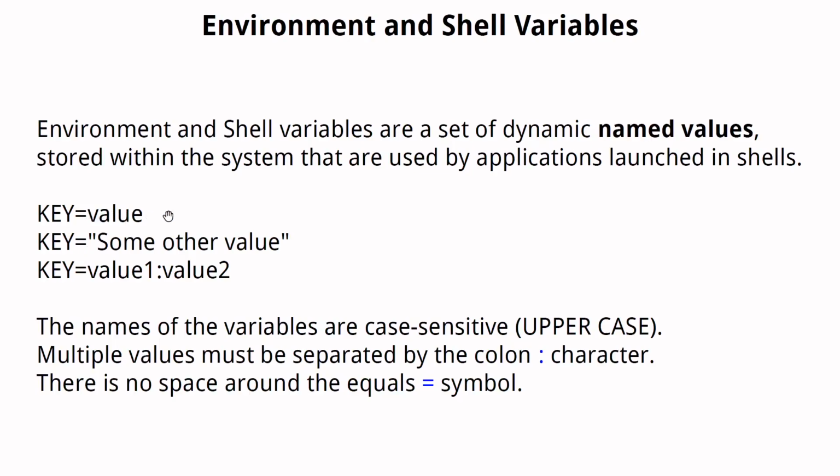The value can be a string, it can be a number, but even if it's a number, it's actually a string there, right? And the convention is we use uppercase for the keys. And if you have multiple values, they are separated by colon. And there should be no space around the equal symbol.